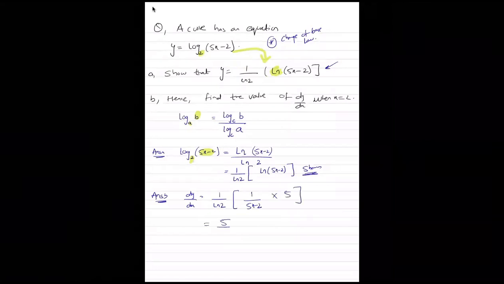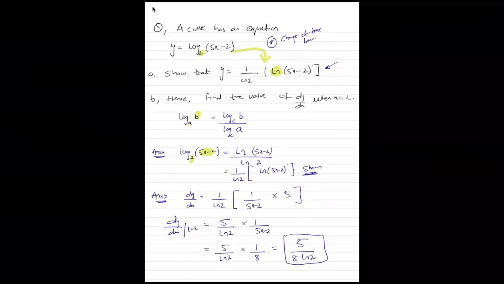So the overall answer is going to be 5 over ln 2 times 1 upon 5x minus 2. You need to find the derivative at x equals 2. That is going to come out as 5 times 2 is 10, 10 minus 2 is 8. So 5 over 8 ln 2. Make sense? Yes, sir. Okay.